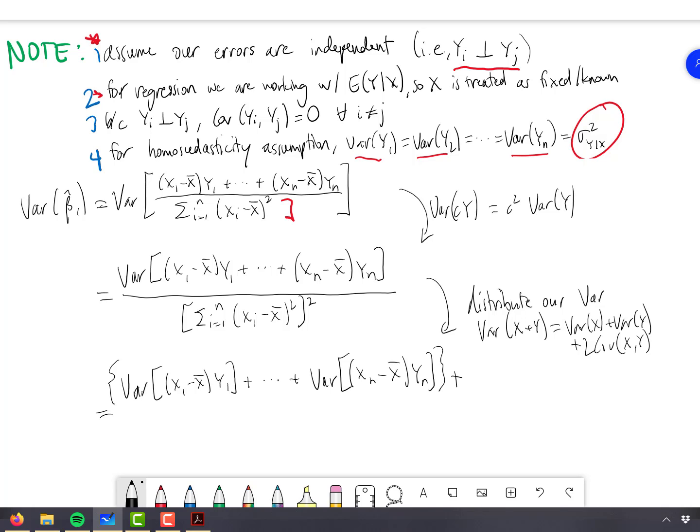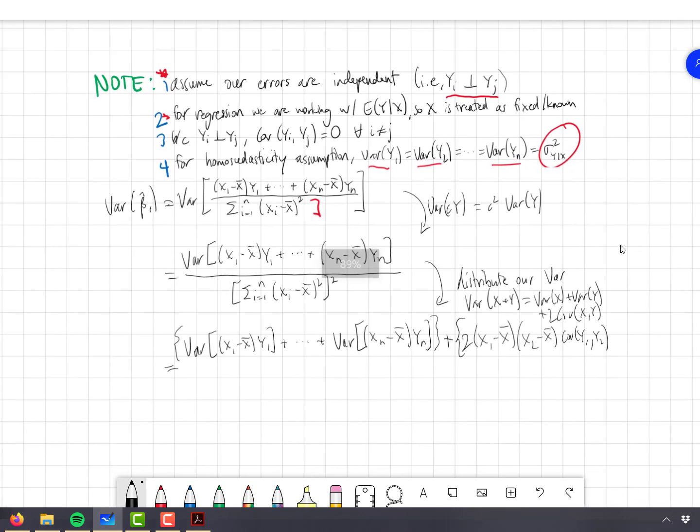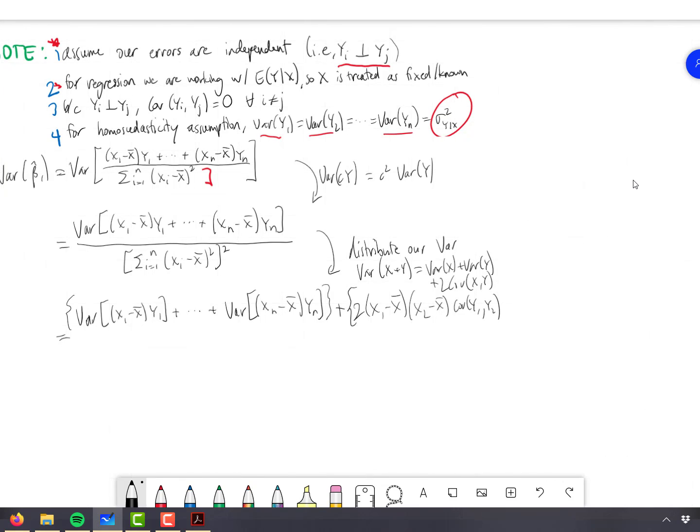We can write this out initially just to get an idea of what we're working with: our first term is 2 times (x1 minus x bar) times our second observation (x2 minus x bar) times the covariance of y1, y2. We're going to lose a little space here, so I'm going to briefly zoom out to get more room to work with.